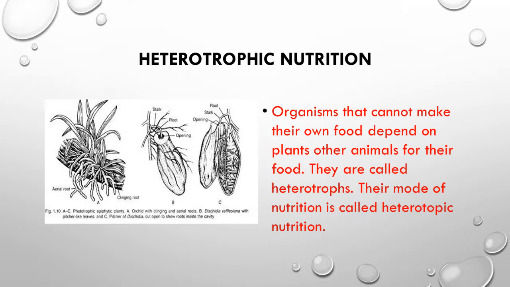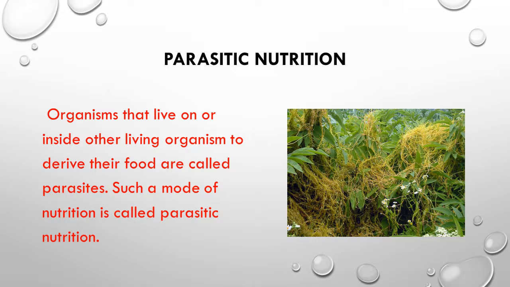They are called heterotrophs. Their mode of nutrition is called heterotrophic nutrition. So they depend on each other, and on animals.